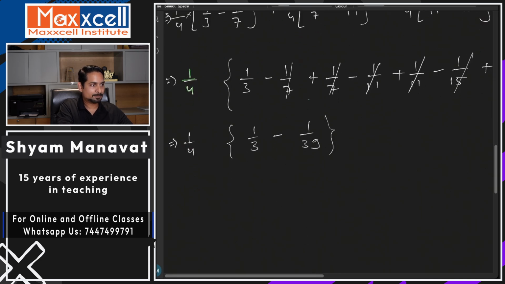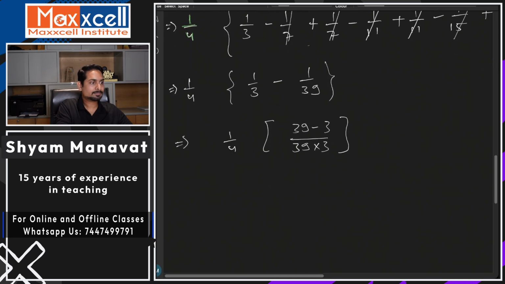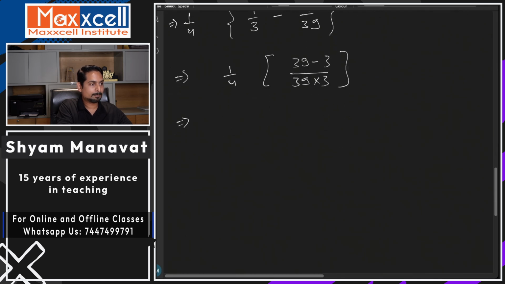Okay, now what's the answer? 1 upon 4. Simplify this part. 39 minus 3 by 39 into 3. Yeah, if you simplify this further, what do you get? 1 upon 4 into 36 by 39 into 3.